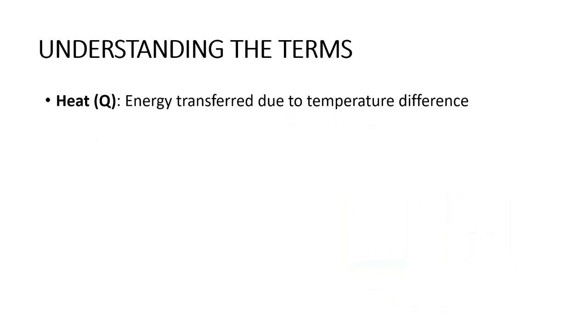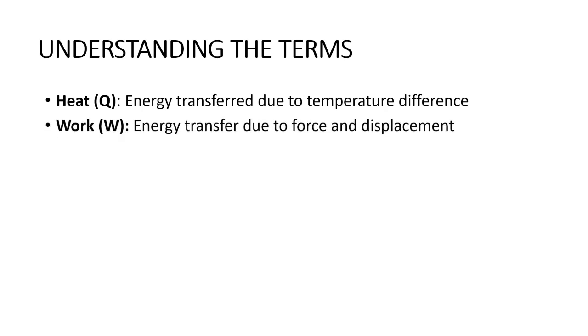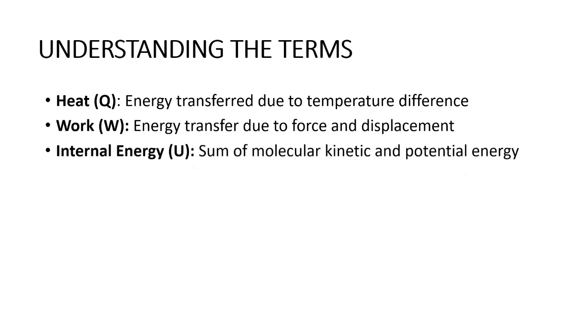Understanding the terms: heat is energy transfer due to temperature difference, and W is the work energy transfer due to force and displacement. Internal energy is the sum of molecular kinetic and potential energy.